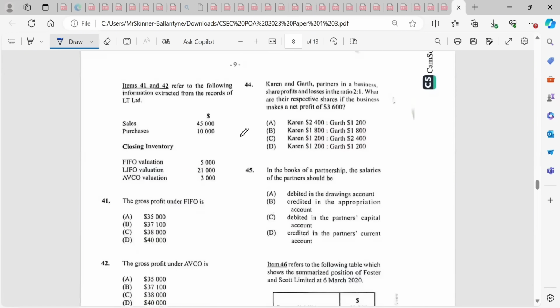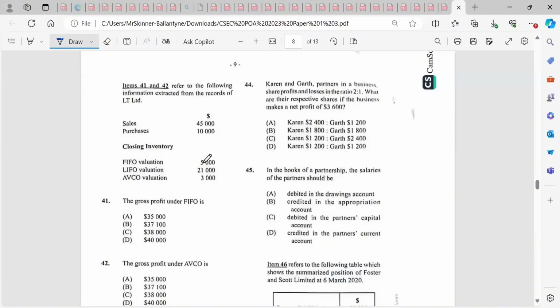Number 41. They want FIFO and LIFO. What they want to know is the gross profit under FIFO. Your cost of goods sold is opening stock, add purchases, minus closing stock. They don't have any opening stock here, just closing stock. So you take your purchases and minus your closing stock to get cost of goods sold.